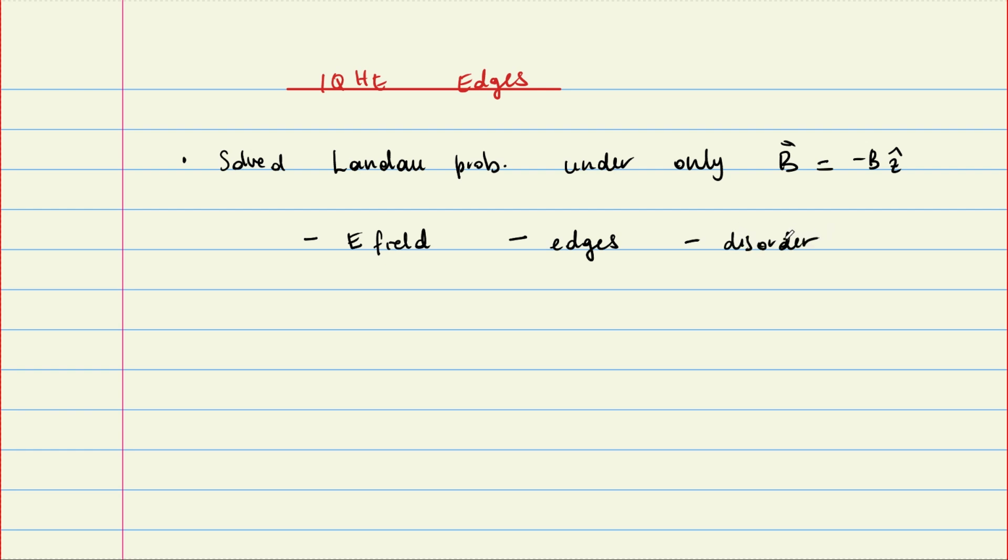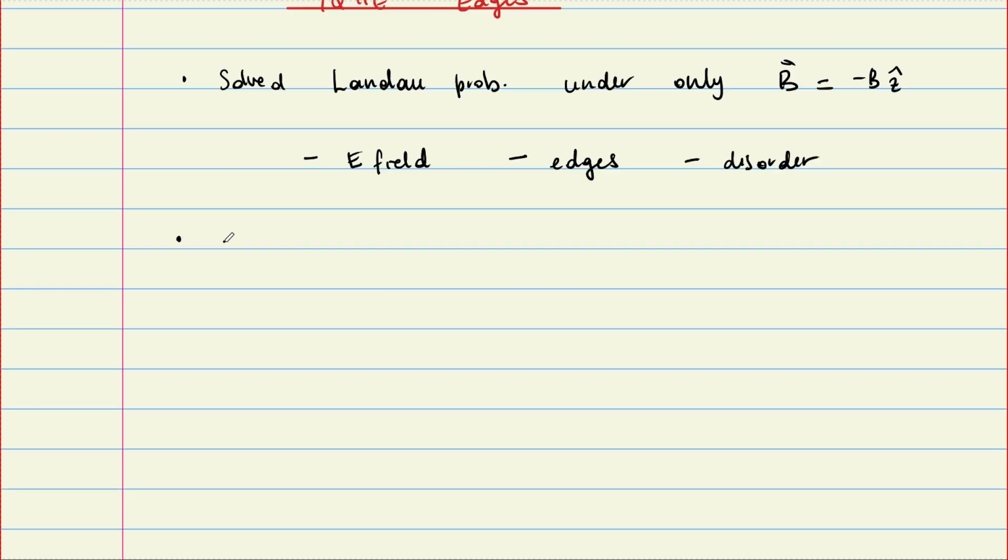I want to start with E equal to 0 and at finite B and no edges. And I want to make a baby calculation for currents.